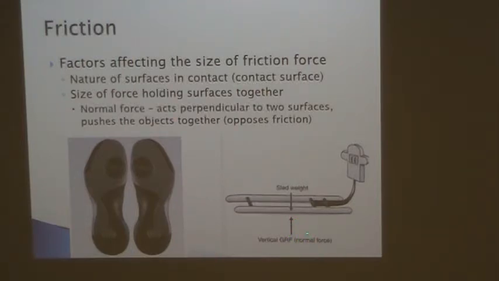Normal force acts perpendicular to the two surfaces, the ground right here, in this case, and the sled. And for those of you who don't know, this is a football sled, which they use in football practices. This normal force, look, this is perpendicular to the ground and the sled.